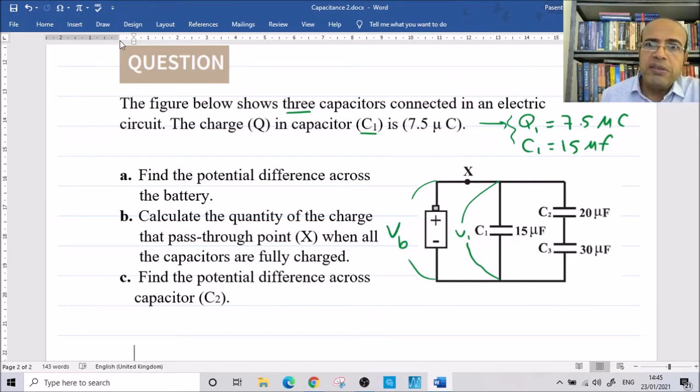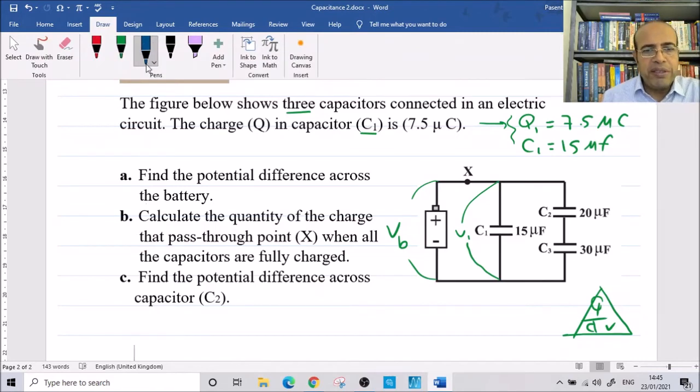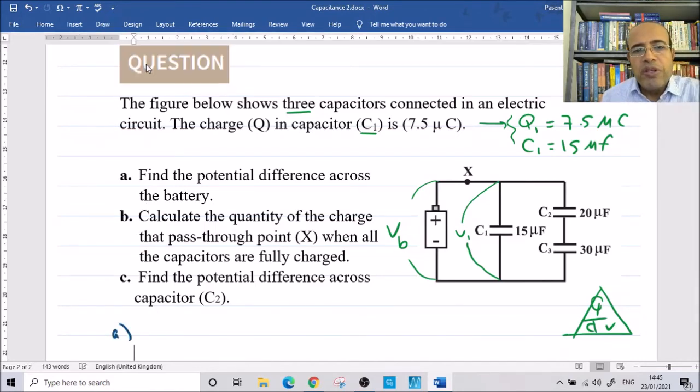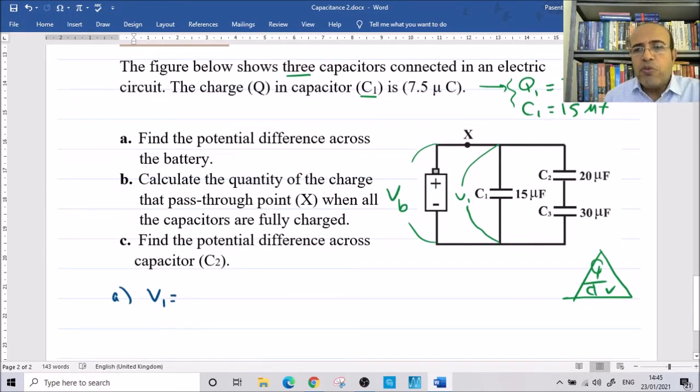So we find V1. Now remember the formula that joins Q, C and V. In part A, we find V1, the voltage across capacitor C1. V1 equals Q1 over C1.